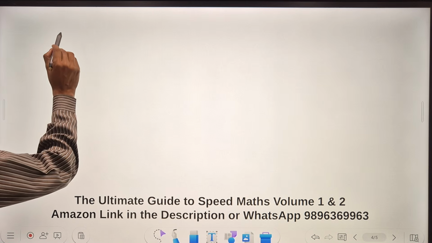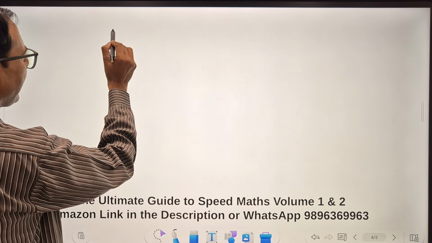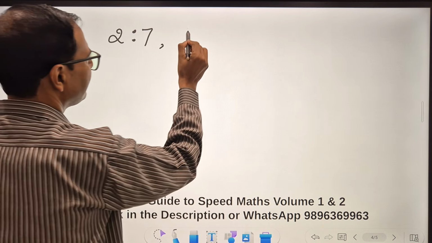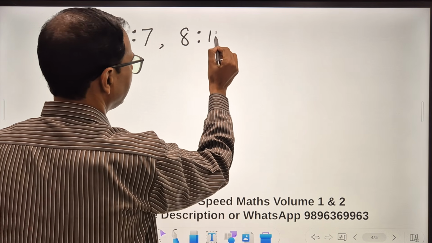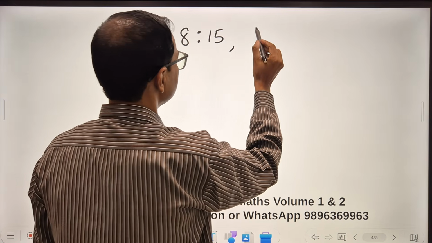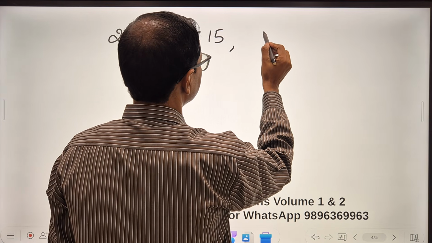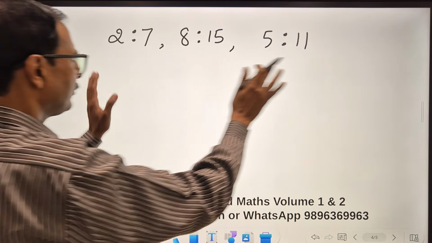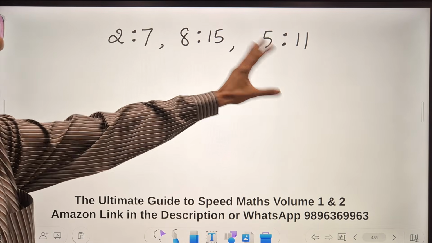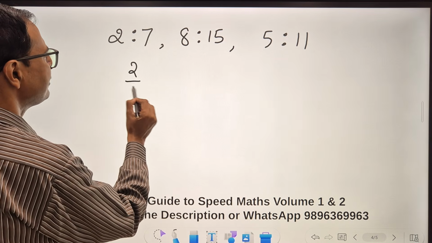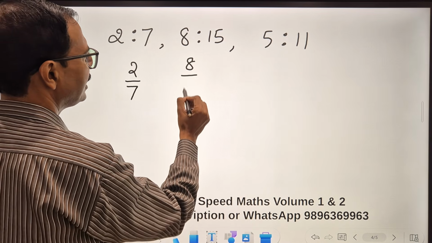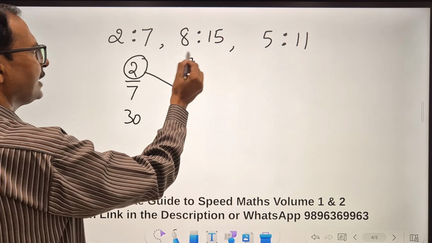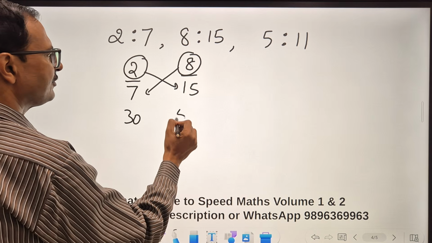So let's take three different ratios. Suppose we have a ratio 2:7, then a ratio 8:15, and finally another ratio, say 5:11. I want to find out which of these three is the greatest. I'll take 2/7 and 8/15. Take the product 2 times 15, you get 30. Take the product 8 times 7, you get 56.